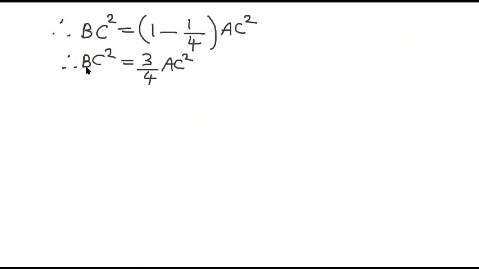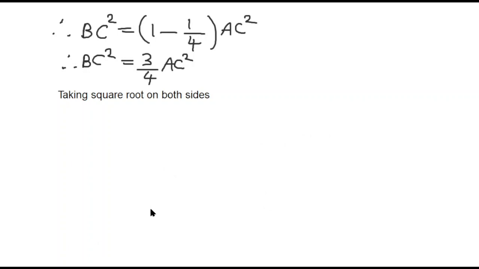So what we will do, we will take square root on both sides. See, both the sides square terms are there, so we will take square root of it. So what we will get?